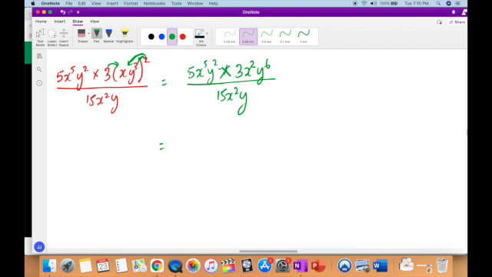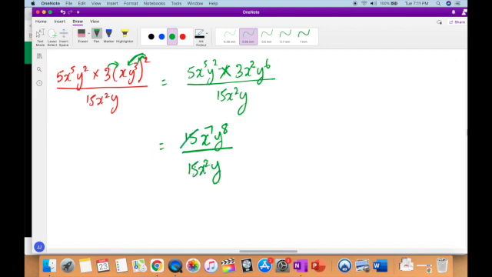So I can just take this 5 times this 3, that's 15. x to the 5 times x to the 2 is x to the 7. y to the 2 times y to the 6 is y to the 8. And that's being divided by 15x squared y.